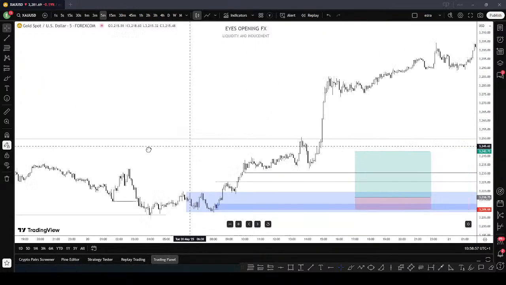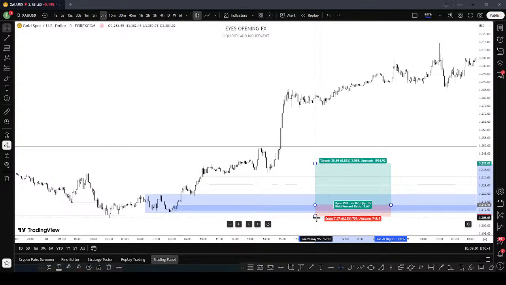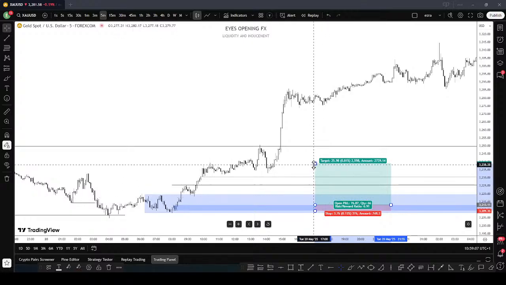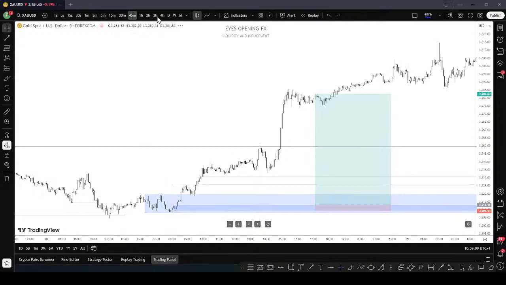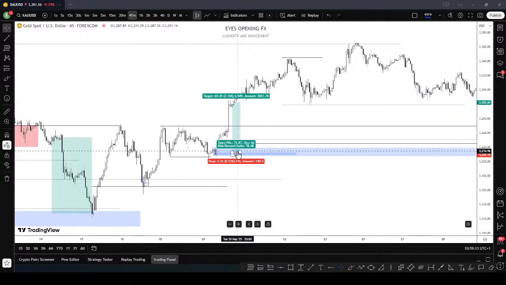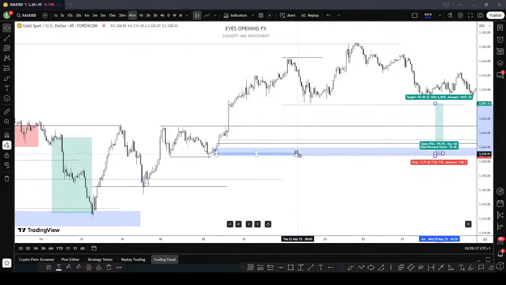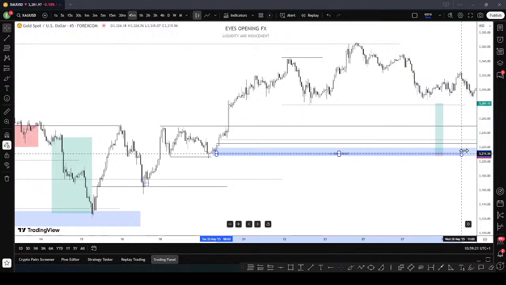So having this as your next POI, you can now place your stop loss just right here, which is around 7 pips, having this as your target. All right, so this will now make more sense. Let's just adjust it to this side and use this to trace our level.